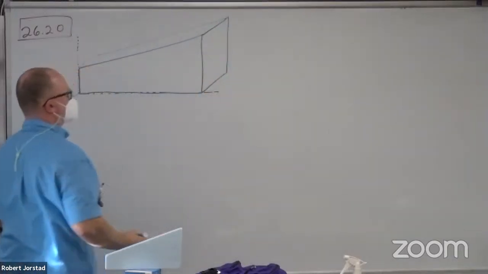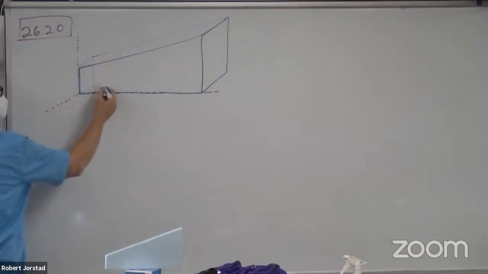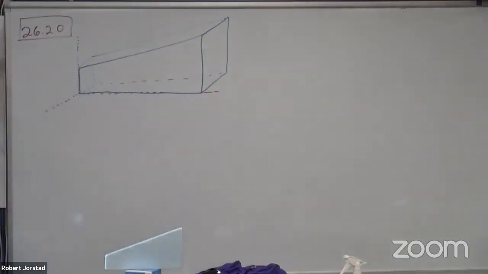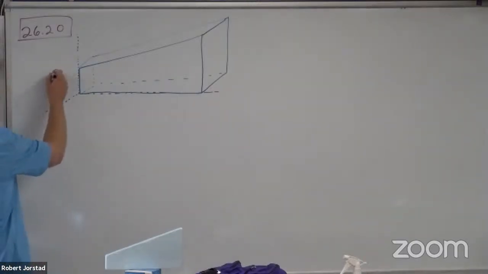Not perfect, but we get the idea. All right, so there's my slab in 3D space. Put this over here so I'm not walking back and forth all the time. We've got some dimensions here. We're told that this is dimension A.